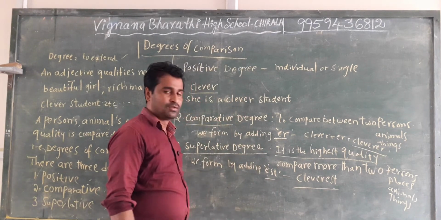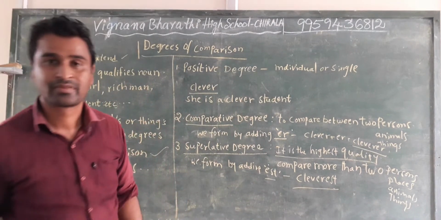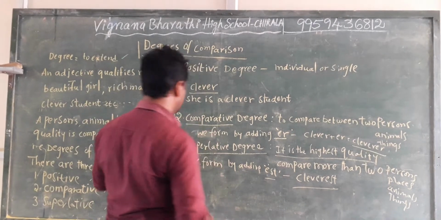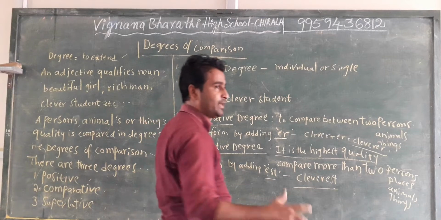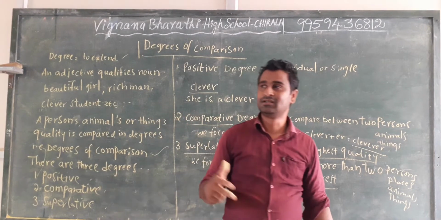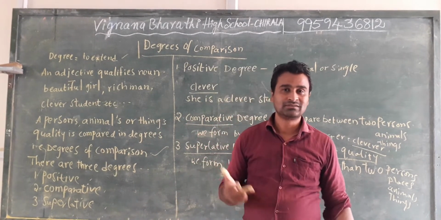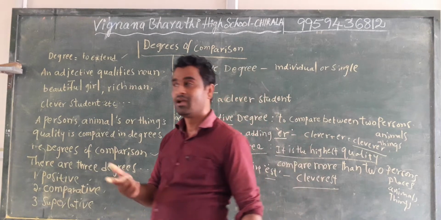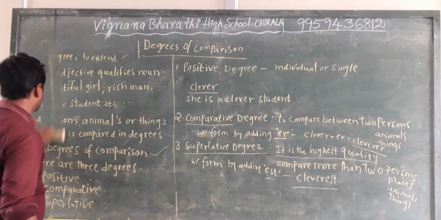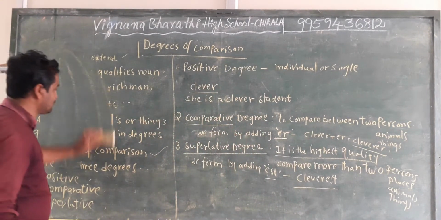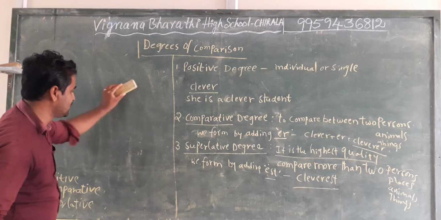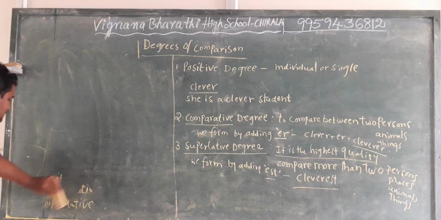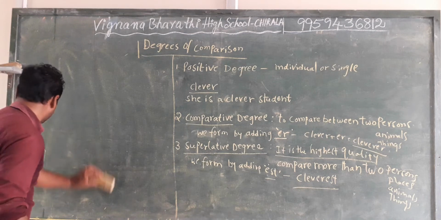Next, there are some adjectives which have double syllables and trisyllables. How do we make comparatives, superlatives and positives with such adjectives?